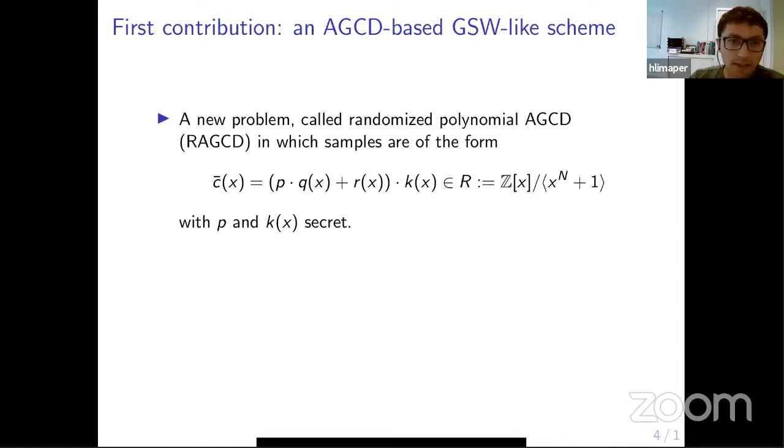In this problem, we still have the secret P, which is an integer, but now Q and R are polynomials, composed by the old Q and R's that we have for the AGCD problem. Then we randomize this polynomial with a secret polynomial K in some cyclotomic ring R.